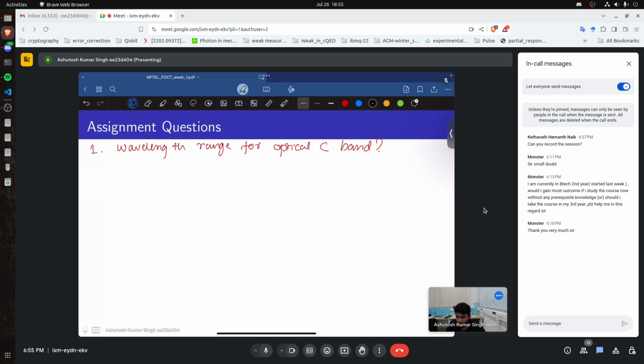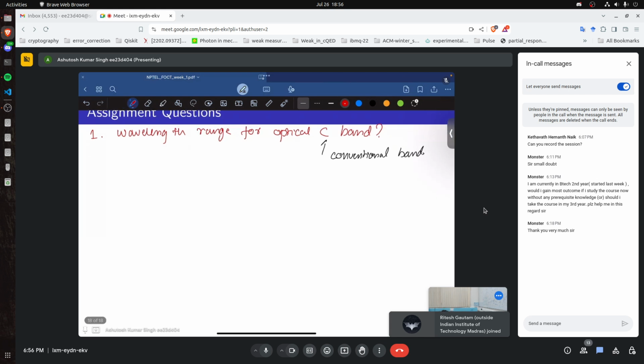It is asking what is the wavelength range in the optical frequency C-band. Now C here signifies the conventional band. And these are textbook numbers, and you should easily be able to find them.